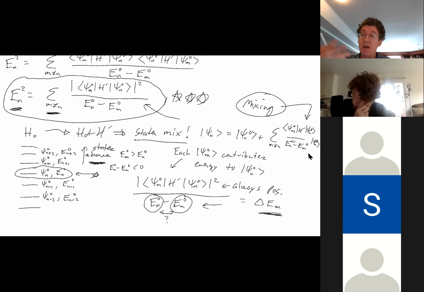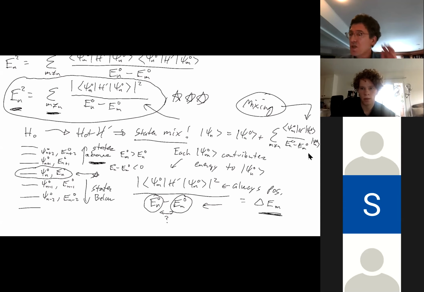Let's look at the states below. States below. And now, what is the relationship between En naught and Em naught? Somebody tell me. Now Em naught is smaller. Which one is smaller? Em. Exactly. That's right.